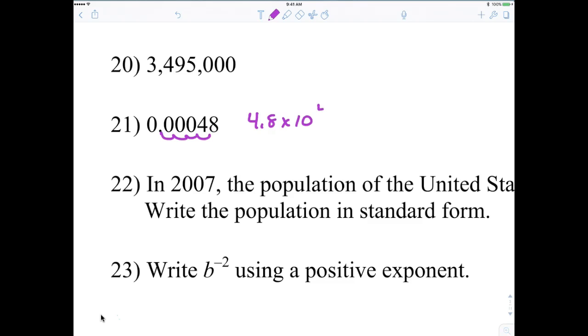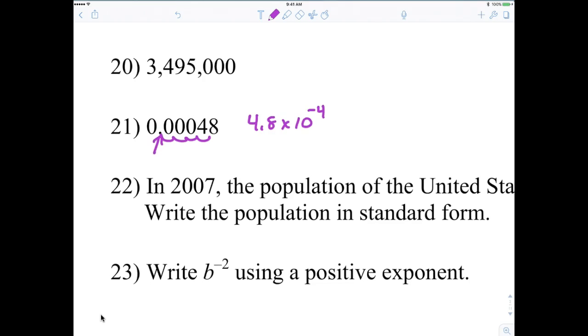You sure? No, 4 is good, but it should be... Yes, there you go. Double check that. Remember, your decimals require negatives. So it's 4.8 times 10 to the negative 4.